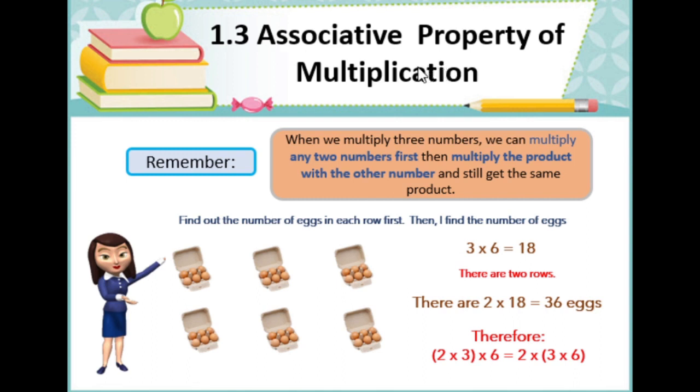Associative property of multiplication is this one, that even if we multiply the two numbers first before multiplying the product, just like this, 2 times 3 times 6 equals 2 times 3 times 6, our answers would still be the same. That is the associative property of multiplication. Understood?